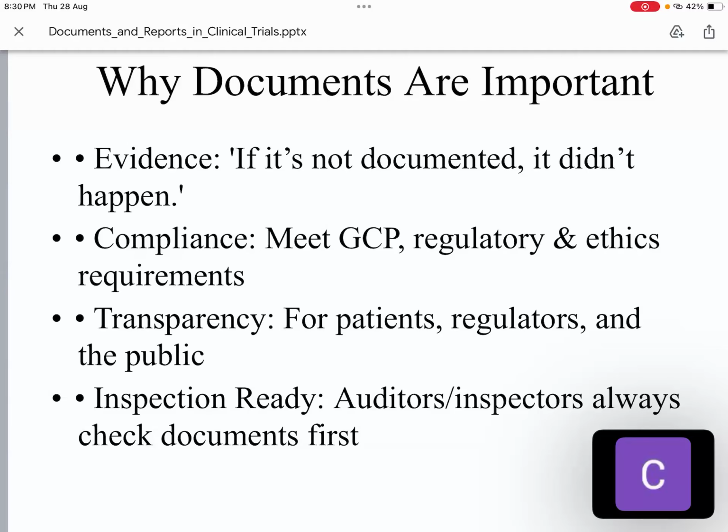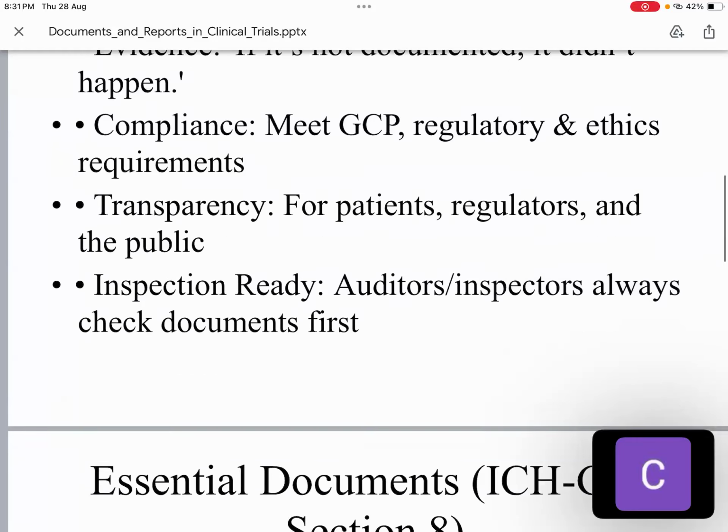Then at that time, how will you prove that you have done the right thing? Only when you have documents. How will you prove that an audit is done? If you have an audit report. How will there be proof of inspection? If there is an inspection report.